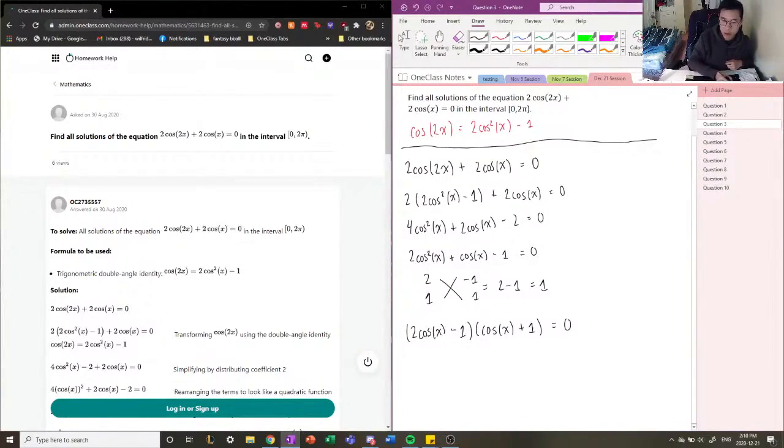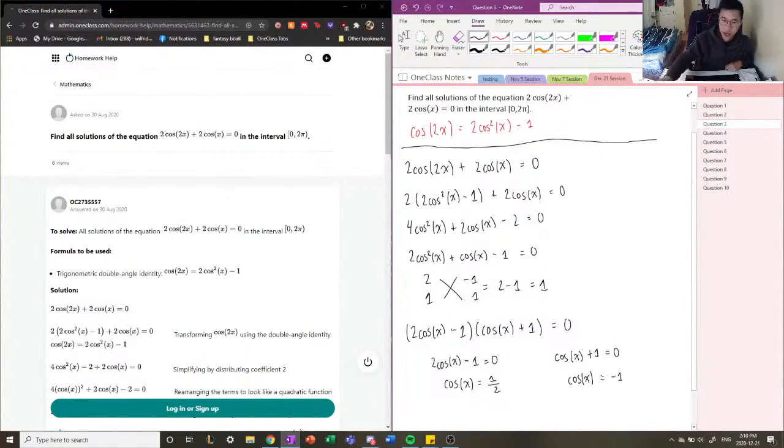So we need to find when this equals 0 and when this equals 0. When 2 cos x minus 1 is equal to 0, and when cos x plus 1 is equal to 0. We isolate for cos x here, and we get 1 over 2. And for the second one, we get cos of x equals negative 1.